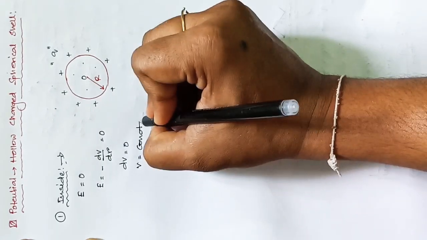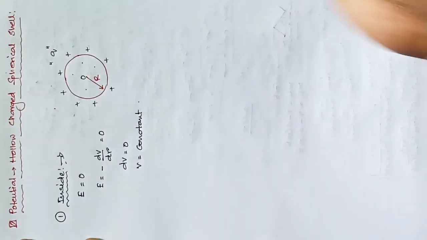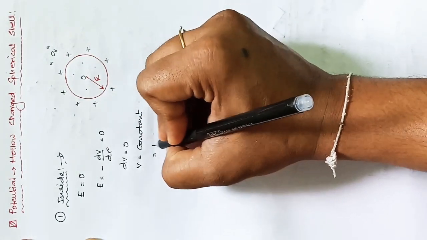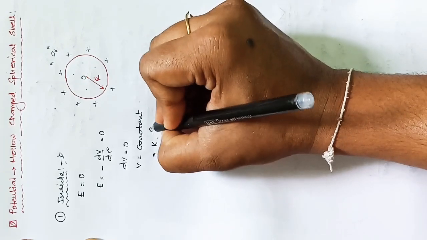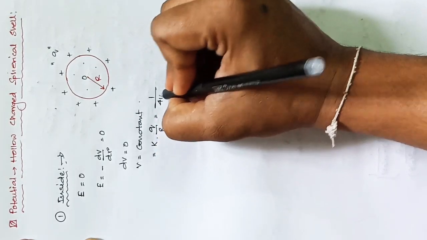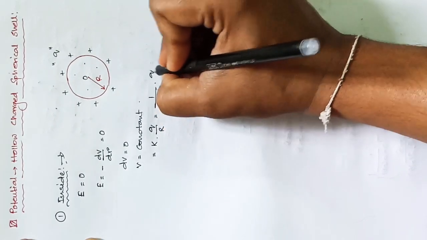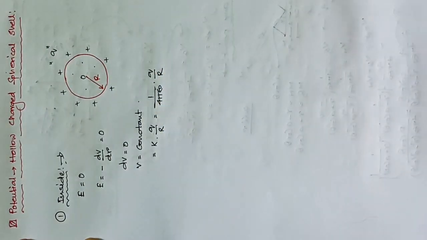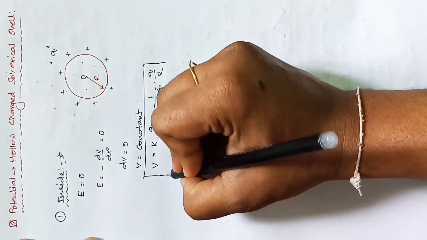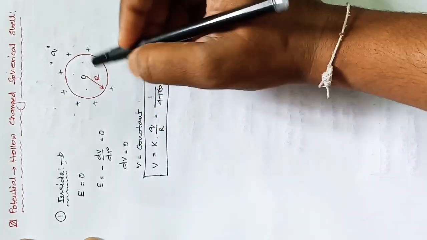That means we are integrating both sides, so we will have V equals to constant, and the value of this constant comes out to be KQ by capital R, means 1 by 4 pi epsilon naught Q by capital R.